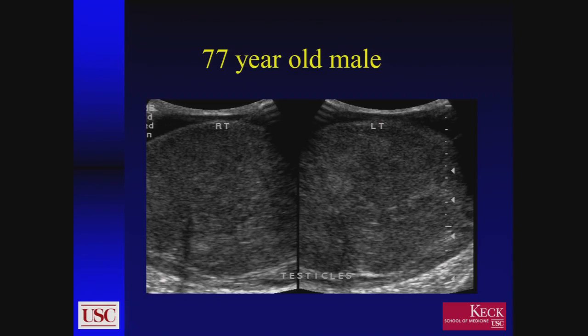Sometimes, probably more commonly, you'll have the multifocal lymphoma like we saw in the previous man. In this particular case, this is more diffusely infiltrating, but particularly in an older man with markedly enlarged testicles or multiple focal masses bilaterally. As soon as you see bilateral anything in the testicle, one of the first things that should pop into your mind is lymphoma. So keep that in mind.